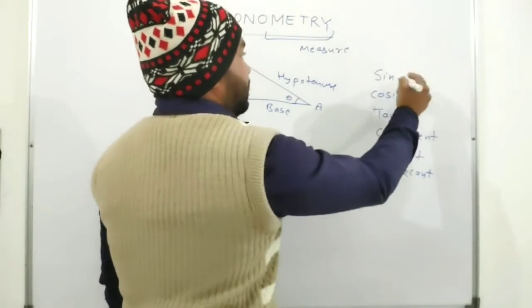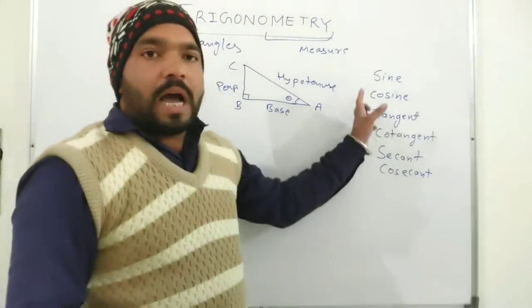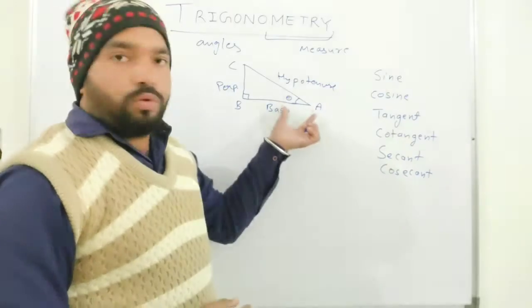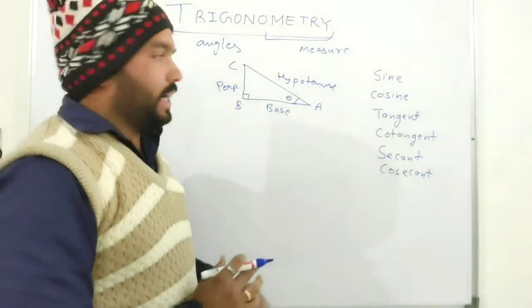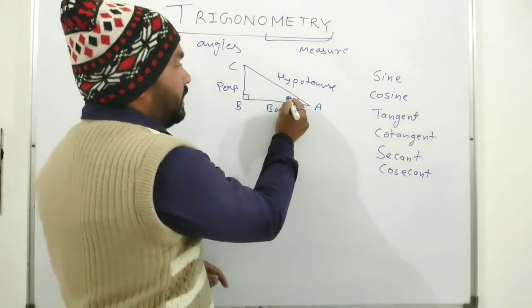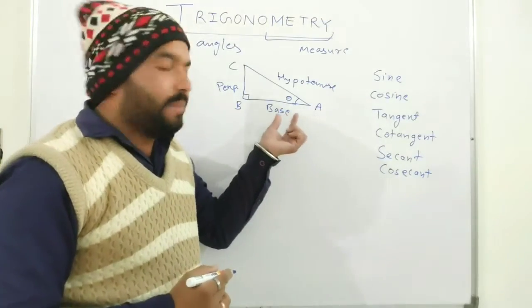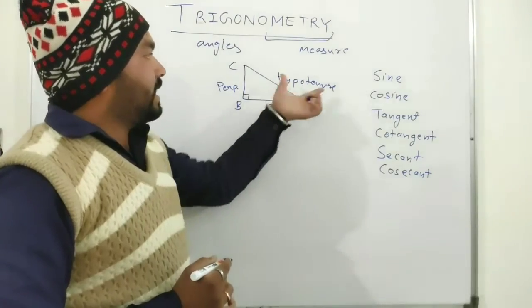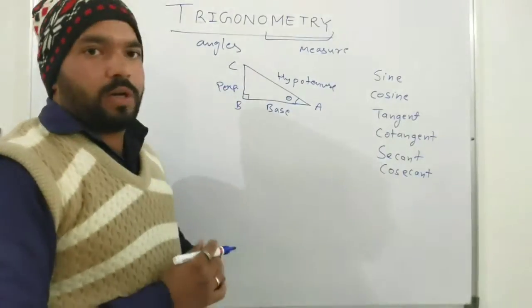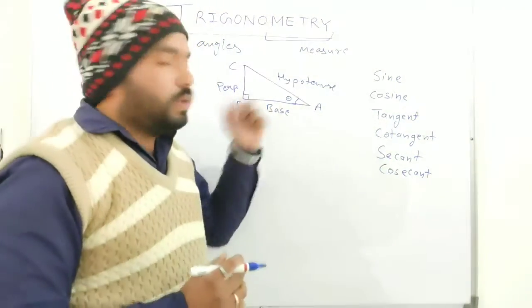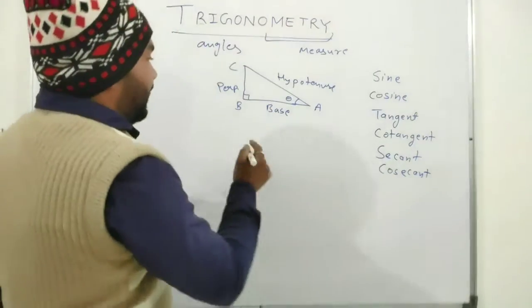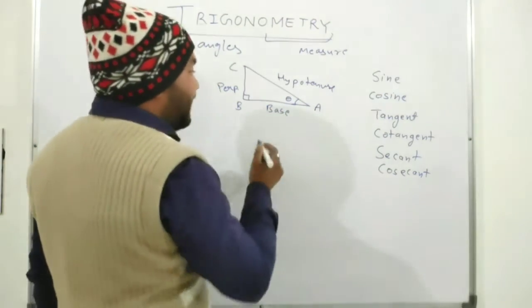These trigonometric ratios are based on the angles and the adjacent and opposite sides. If we take angle A as angle theta, the adjacent sides are the base and hypotenuse, and the opposite side is the perpendicular. These trigonometric ratios are the ratio of the sides with respect to the angle.